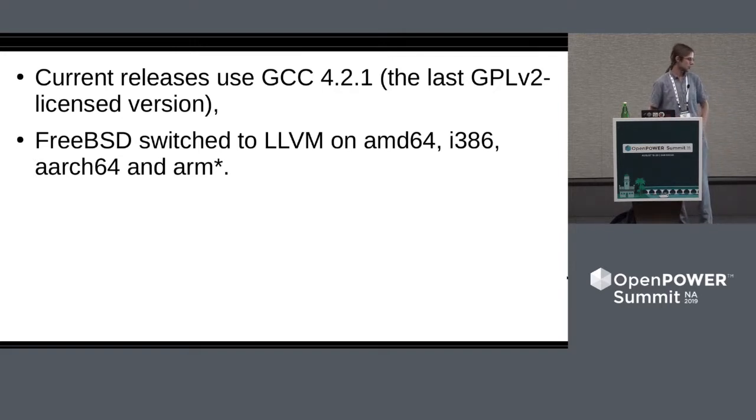FreeBSD switched to LLVM a few years ago on AMD64 and i386, then on ARM, but there were no developers interested in Power, so it still uses GCC 4.2, along with MIPS and SPARC.